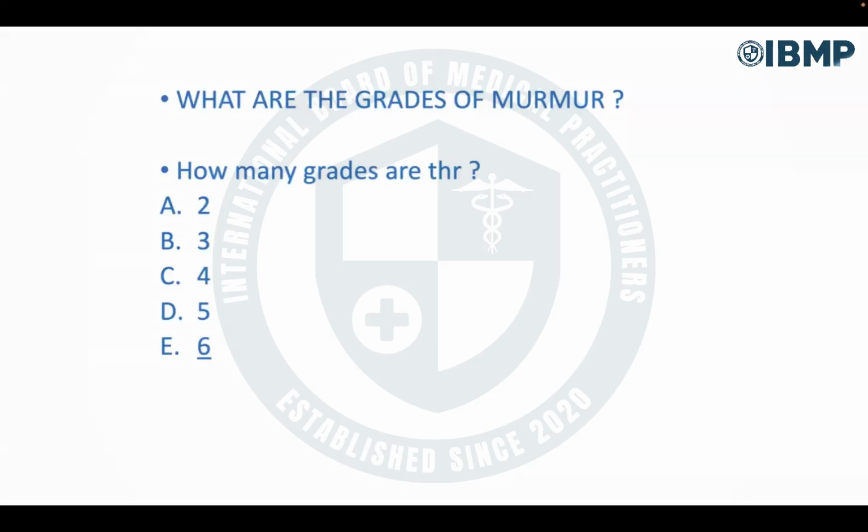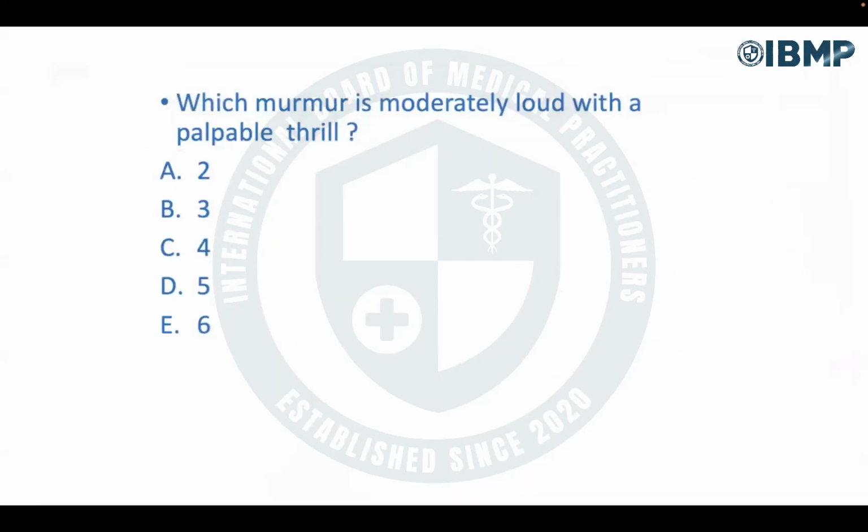Number two, a question they ask in exams: which murmur is moderately loud with a palpable thrill? That is grade 4. The murmur which is moderately loud with a thrill is a systolic murmur grade 4.